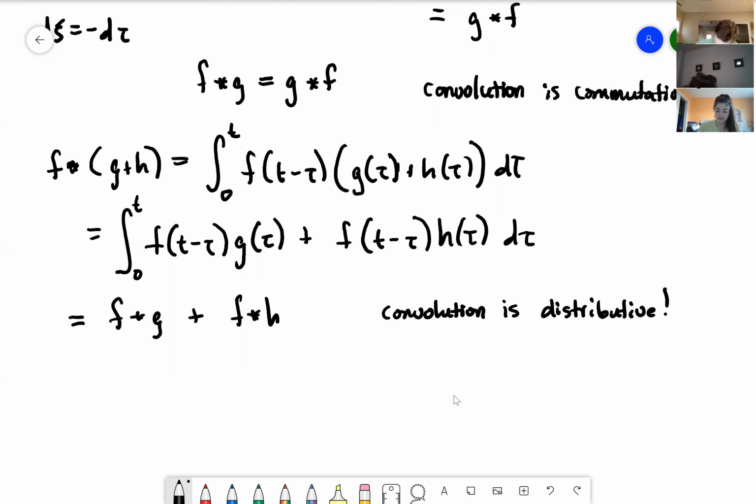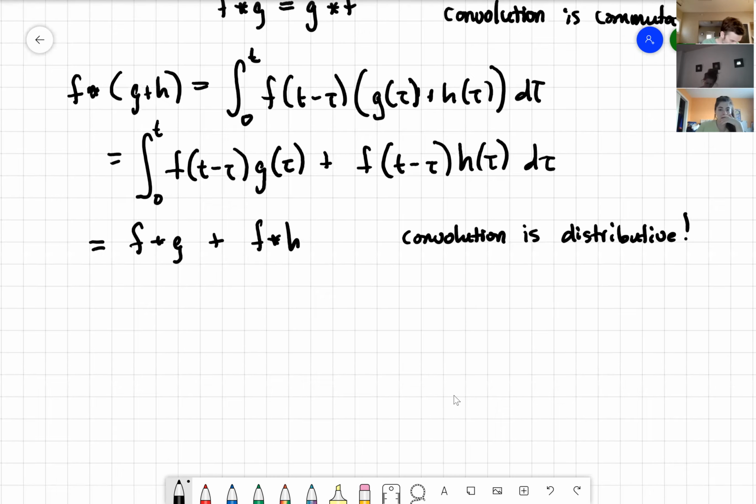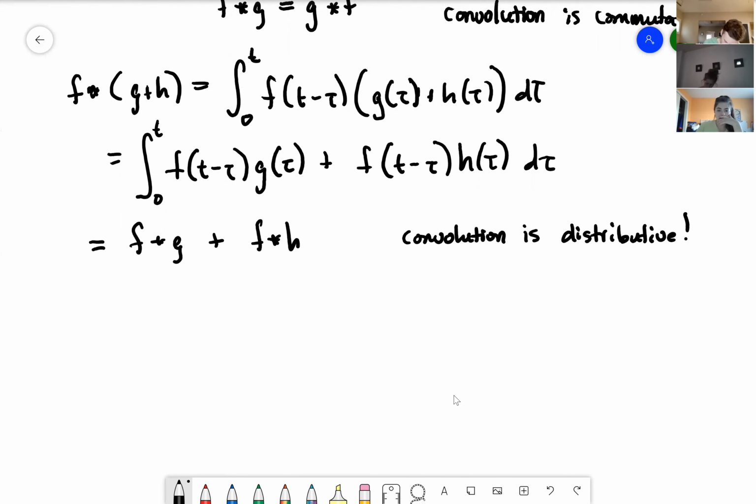Okay, so we have, like multiplication, convolution is commutative. It's distributive. I won't go through this one, but we have that f star g star h is the same as f star g star h, grouped either way. So if we do this kind of multiple integration, it doesn't matter what order we do it in.